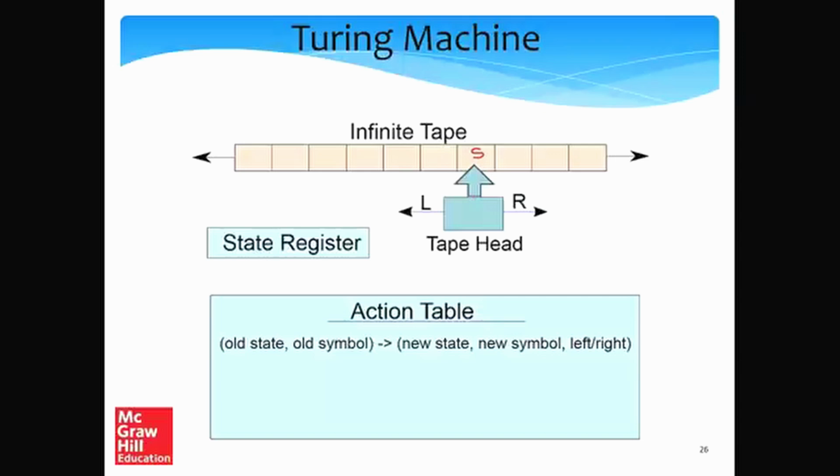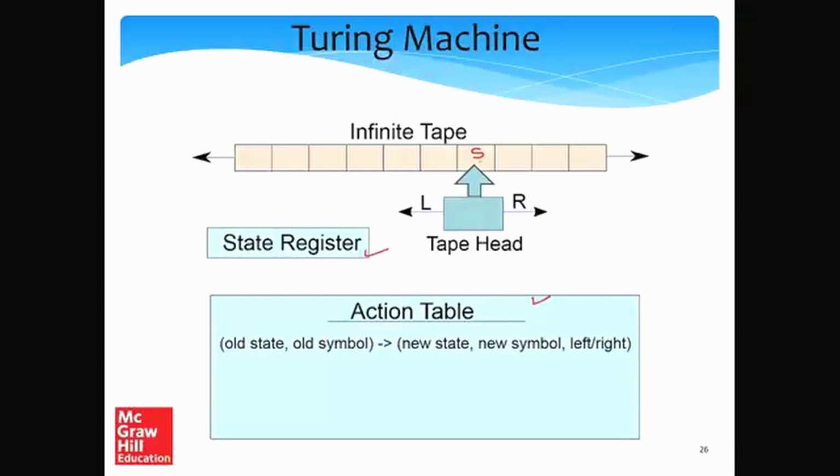There is a tape head that points to a current symbol on the tape. It can either move to the left or to the right in every round. There is an additional structure called a state register, which maintains the current state. And the current state is one among a set of finite possible states. The way a Turing machine works is encoded in the action table.